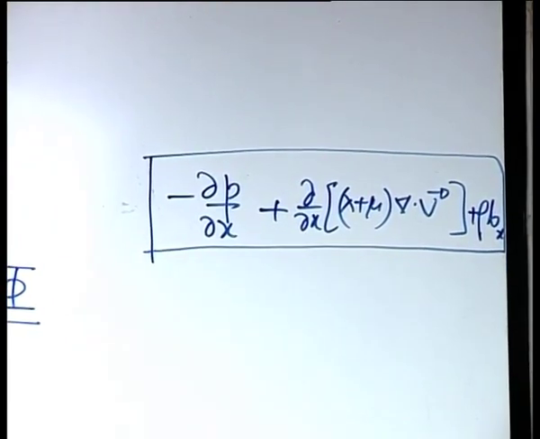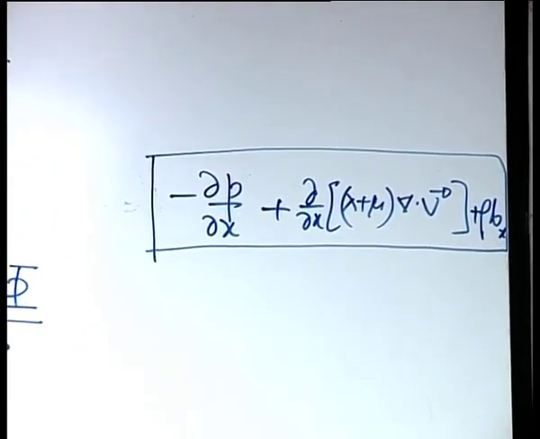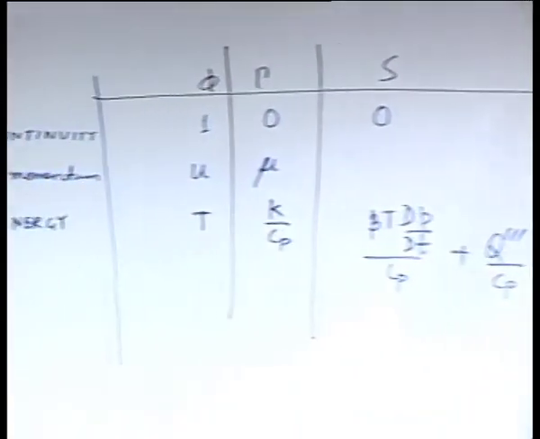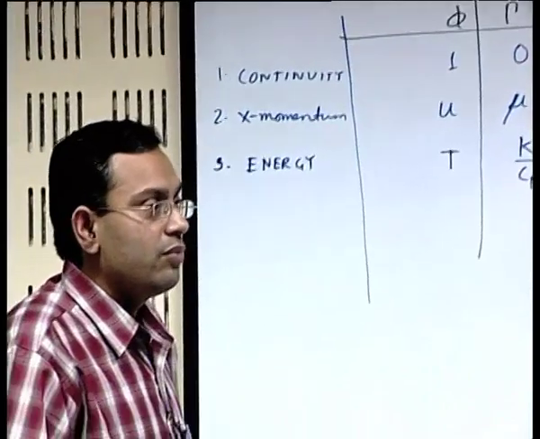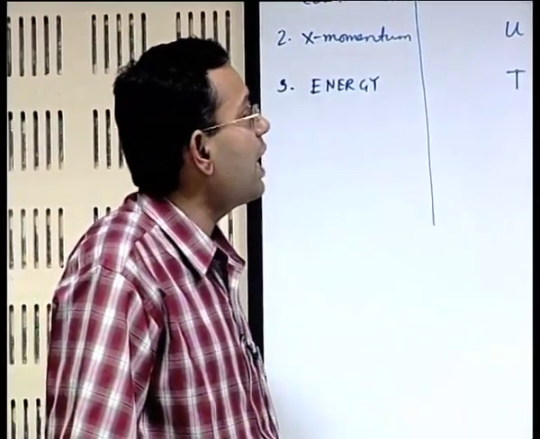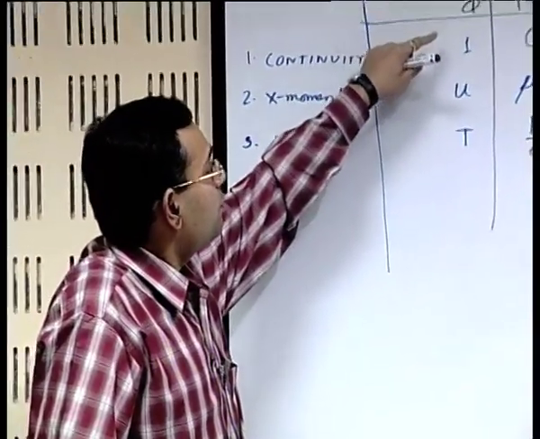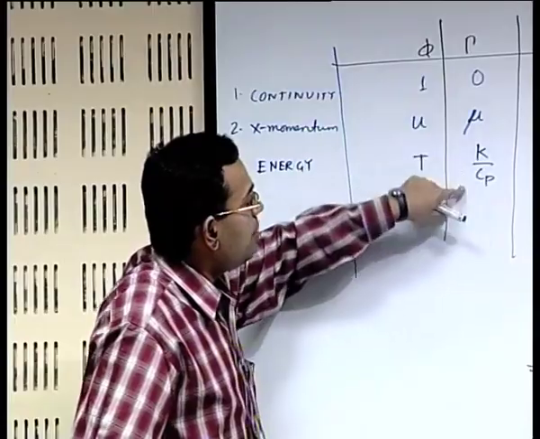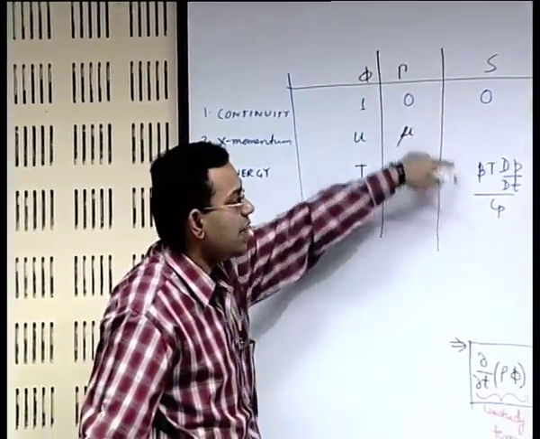We can summarize that we can cast all these equations in a general conservative form, where depending on the choice of the variable we could have phi as different variables, we could have gamma as different, and we could have S as different.